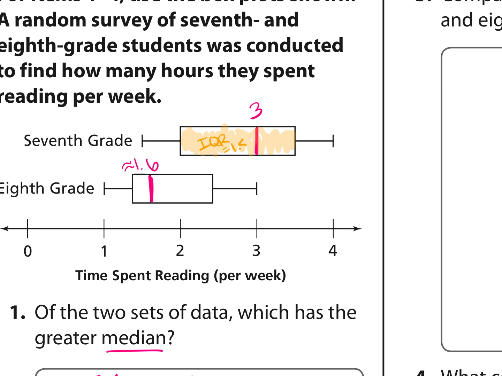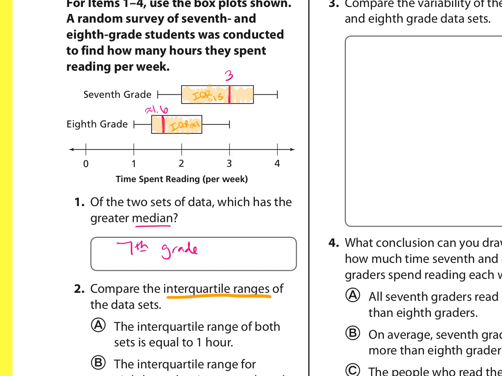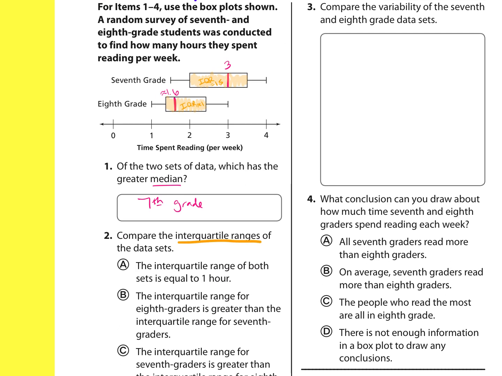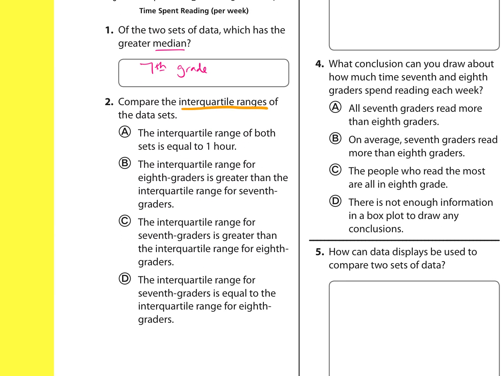If we look at the 8th grade interquartile range, it seems to be just over 1. So we'd say its interquartile range is about 1, or maybe a tad over 1. But it's clear to see that the 7th grade box is longer. So we would look at answer choice C, which says the interquartile range for 7th grade is greater than the interquartile range for 8th grade.